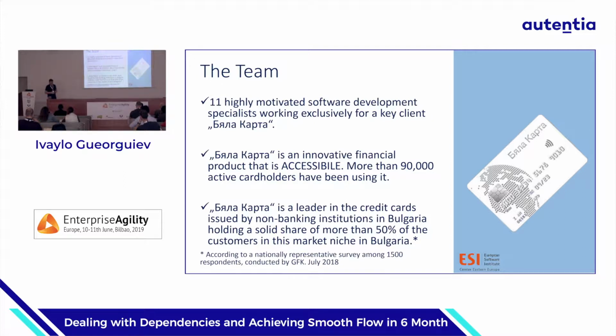It's Biała Karta. It means white card. It's a product that is dominating the Bulgarian market, and it is also present in the Polish and Romanian markets. It's a credit card that is accessible. Almost everyone can have it in a very short time, without too much bureaucracy. So it's a typical fintech non-banking product.